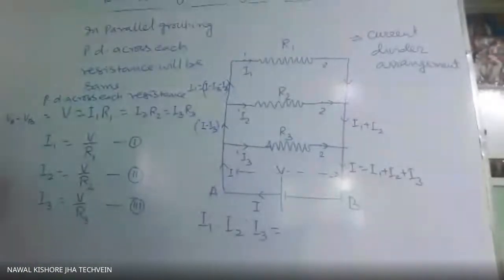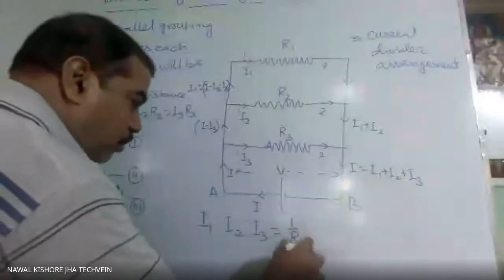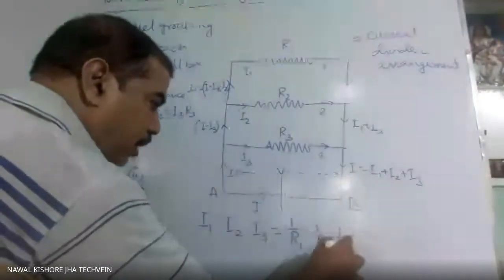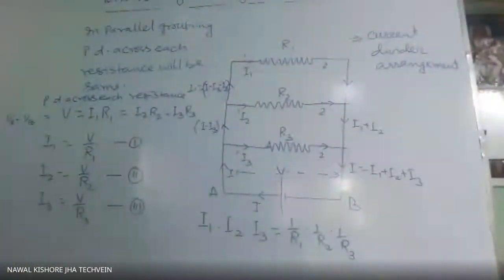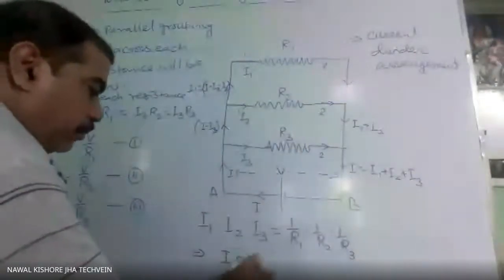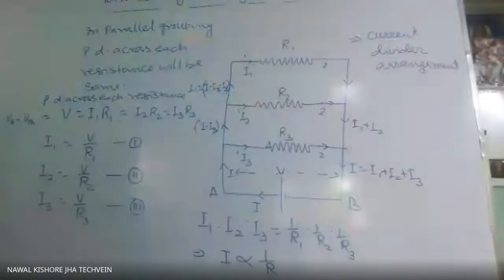As V is the same, it will become 1 by R1 is to 1 by R2 is to 1 by R3. That means this current will be inversely proportional to resistance. Symbolically, we are writing like this.